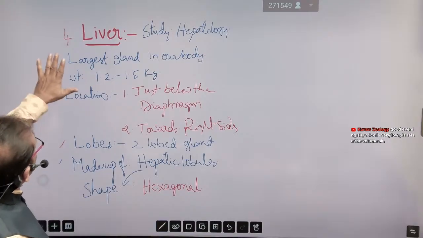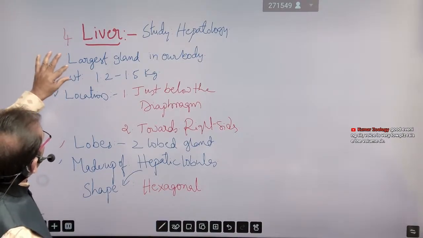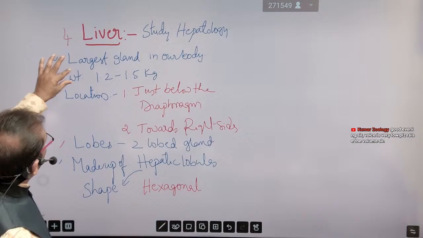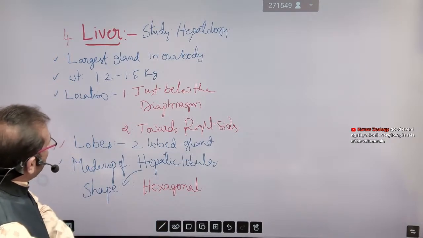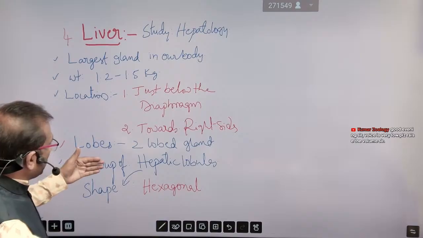So this is about the liver. Liver is the largest gland. Weight is 1.2 to 1.5 kilograms. Location is just below the diaphragm, towards the right side, with 2 lobes, and it is made up of hepatic lobules.